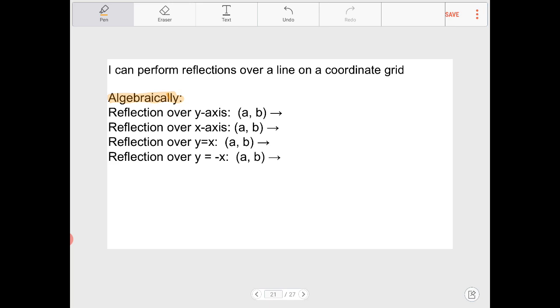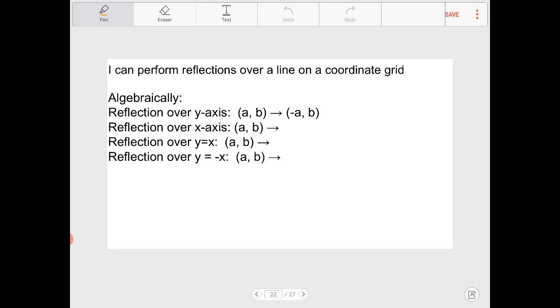What are the formulas? If we reflect things over the y-axis, A comma B, if you notice the coordinates for that particular example that we went over, the x-coordinates will change signs. The y-coordinates will not change. So therefore, I'll end up with negative A comma B. If we're reflecting over the x-axis, the y-coordinates will be negated, but the x-coordinates stay the same.